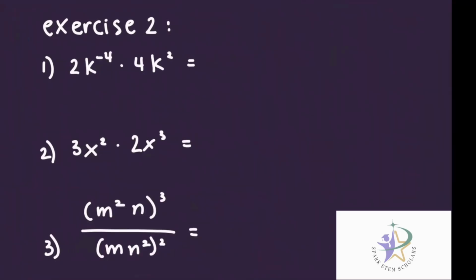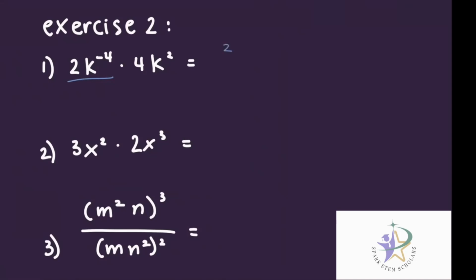Let's try exercise 2. Pause the video and attempt these yourself. So let's start going over this. Number 1, 2 times k to the negative 4 times 4k to the second power. So first, 2k to the negative 4, if you have a negative exponent, that is a fraction.